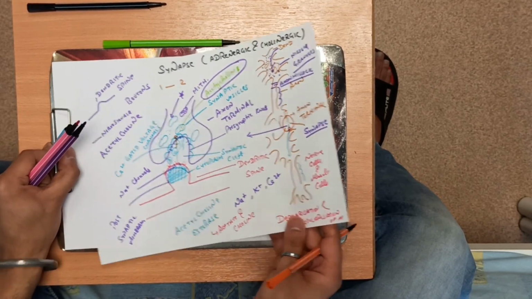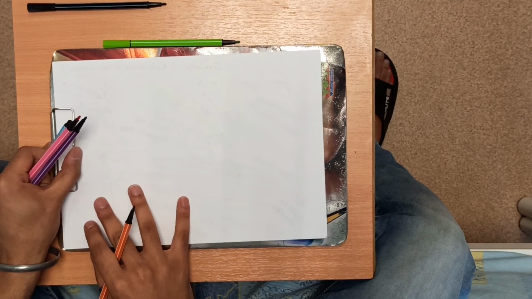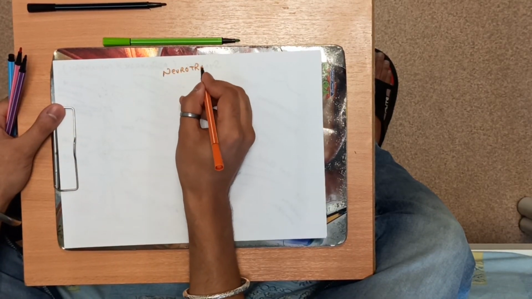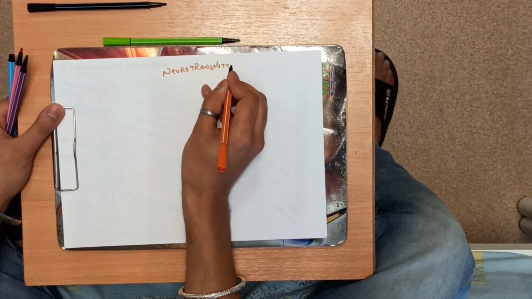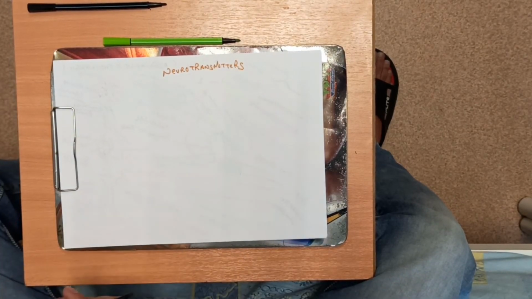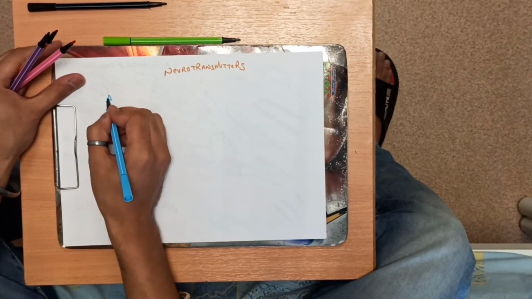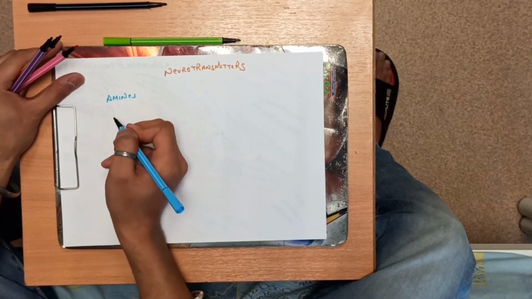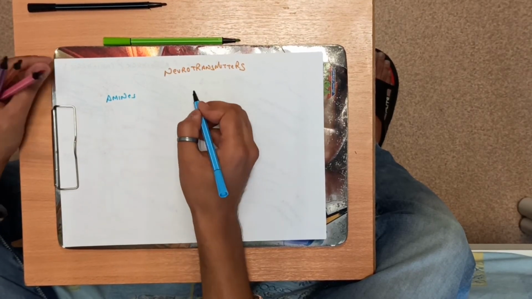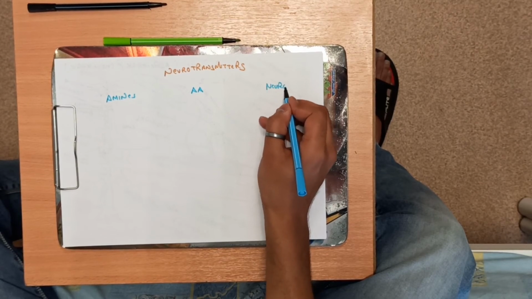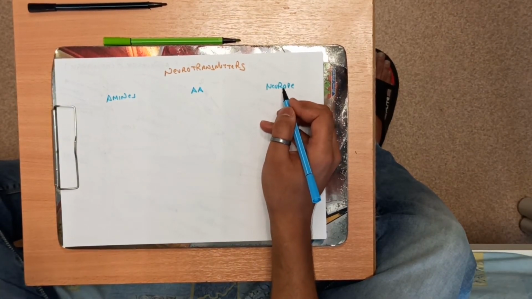Now let me tell you some of the neurotransmitters. Neurotransmitters can be divided into different types. Some are amines, some are amino acids, and some are neuropeptides. Now here I will be making amines, here will be the amino acids, and here will be the neuropeptides.